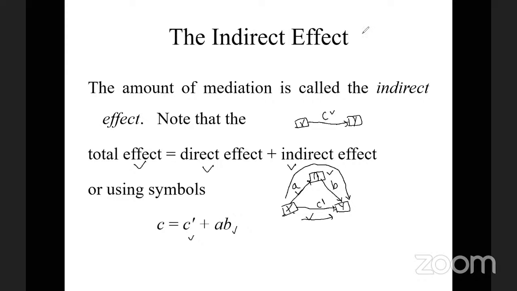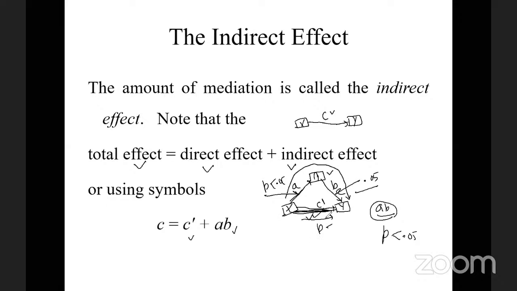Now the question is how to find the indirect effect. Individually A and B are significant at 0.05, but when we multiply A and B, this is the indirect effect. How do we calculate whether the indirect effect is significant or not? The direct effect can be checked through the p value.